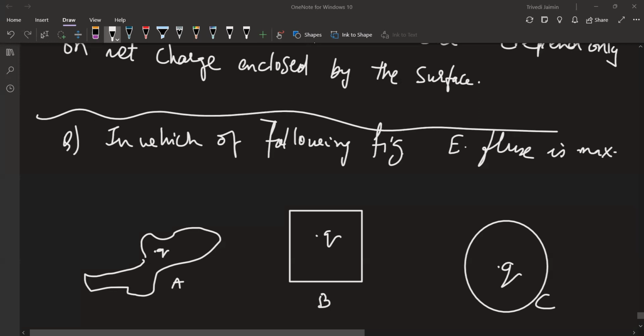A, B, or C? Divya, till then you can go through the points which we wrote just now. I'll ask you again. Varsha, which one, A, B, or C? So A. It's an odd surface, that's why.